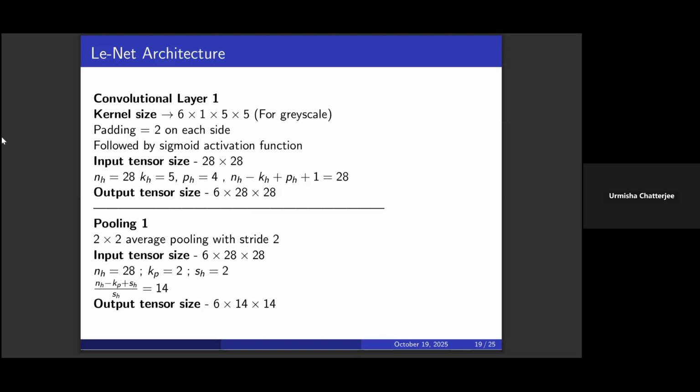In the first convolutional layer, he is using a kernel size of 6 by 5 by 5. He was using grayscale images, so the images were only 28 by 28 pixels. The first number corresponds to how many output channels I want. The second one is for the input channels. There is one input channel, so one, and then 5 by 5.